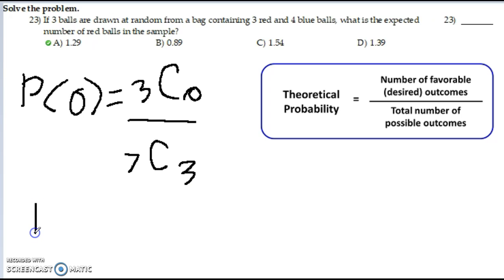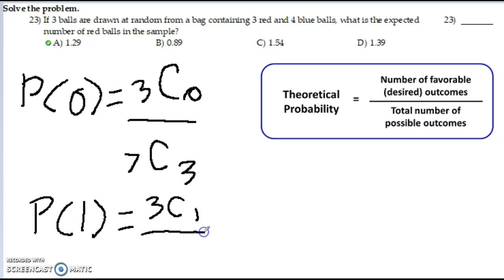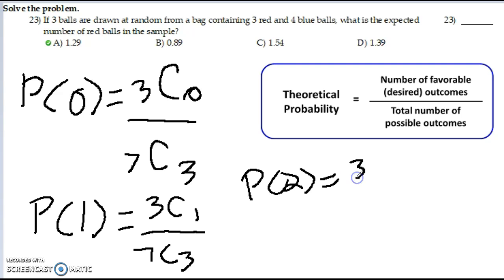Now I find the probability of 1 ball. So from 3, I'm choosing 1, over 7C3. Now the probability of 2 balls is 3C2 over 7C3.